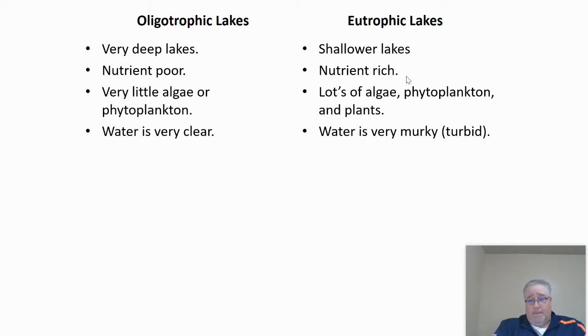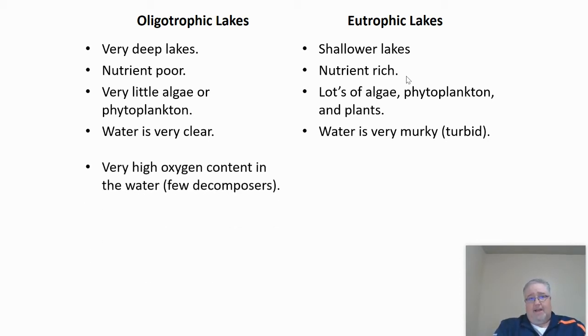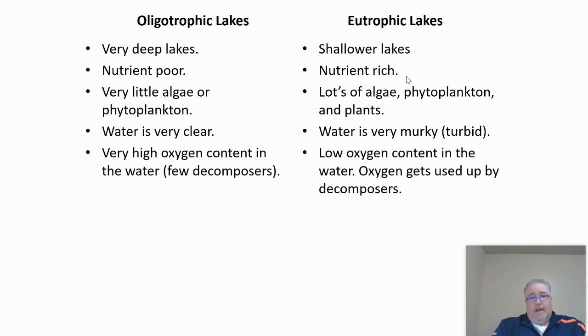We call that turbid, where the visibility in the lake might be a little bit less, let's say, than in an oligotrophic lake. This is kind of a big one. Oxygen content. Think about what uses oxygen in a lake, right? Fish do. So, for example, an oligotrophic lake is typically very high in oxygen content.